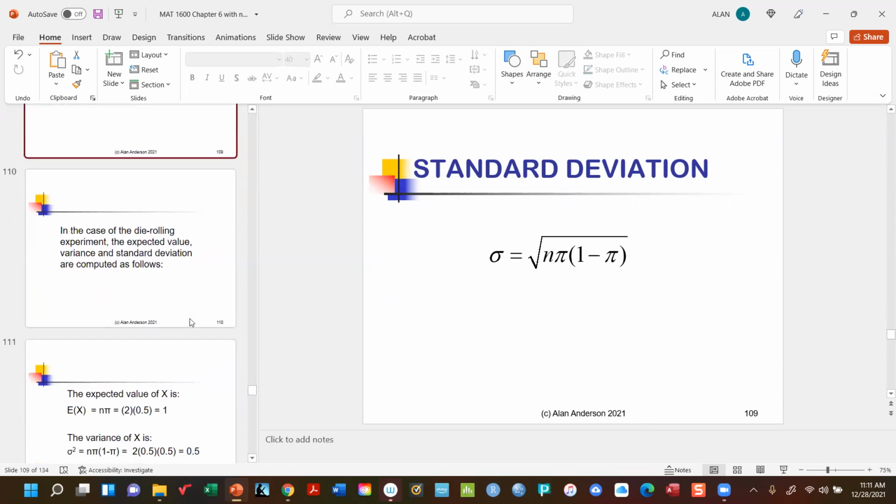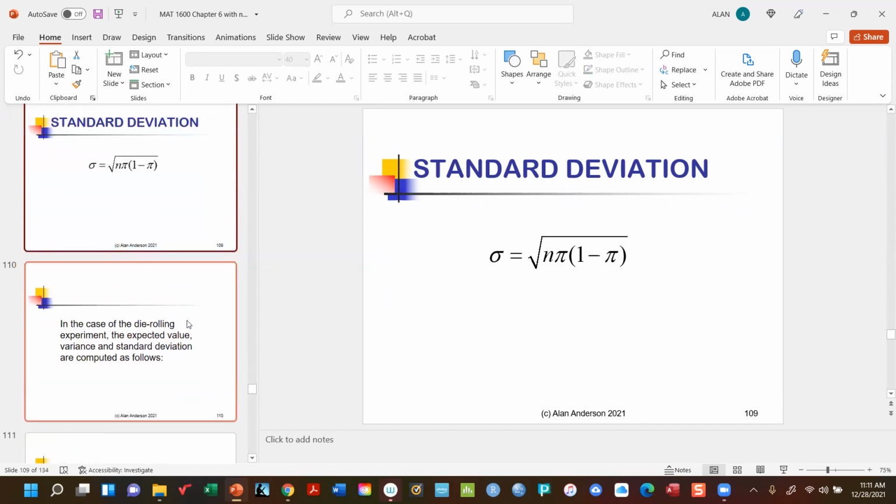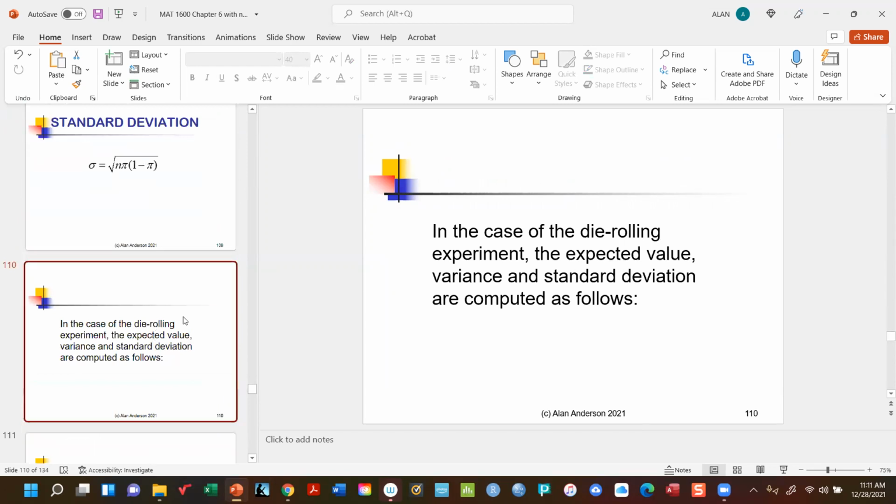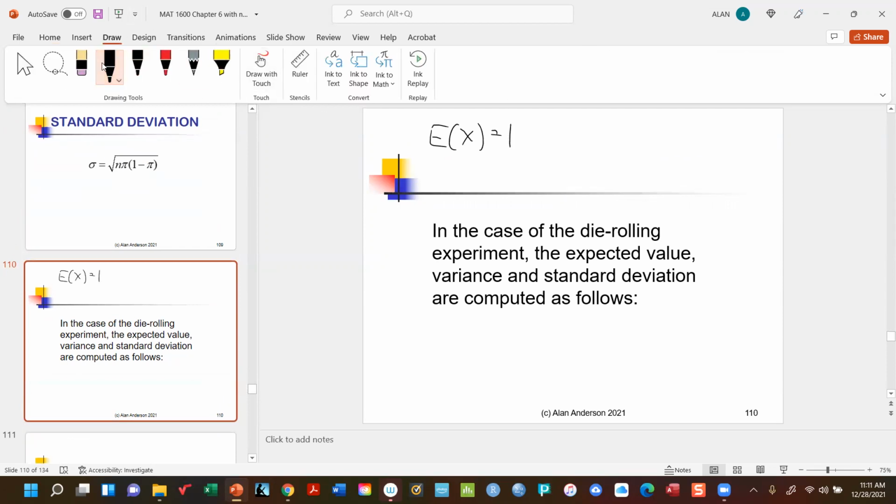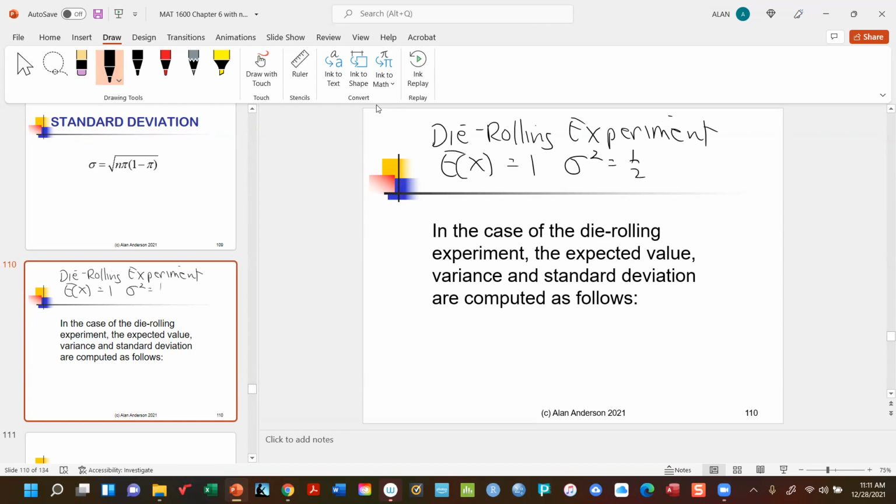Now, if you remember from the die rolling experiment, when we roll the die twice, the expected value was 1, the variance was a half, and the standard deviation was about 0.7071.